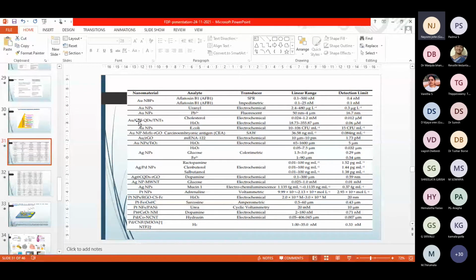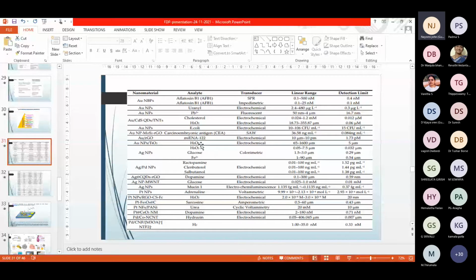They are detecting aflatoxins, cholesterol, H2O2, which is necessary for many reactions, and E. coli, a pathogenic organism sometimes causing urinary tract infection, and also pollution, glucose, metal detection, adrenaline hormone, urea, dopamine, hydrazine.